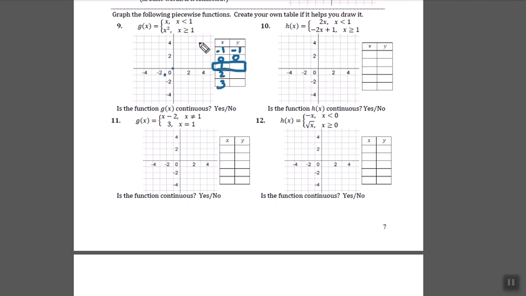If x is 1, so technically we need to go to the bottom function now. So if x is 1, 1 squared is 1. But again, you could just draw x because that has a slope of 1 and a y-intercept of 0. So hopefully you know already that this is what x looks like. Now, there should be an open circle right here, but watch what's going to happen.